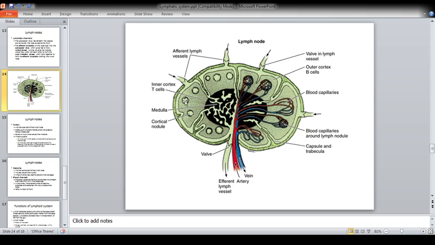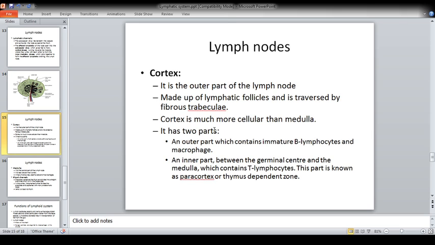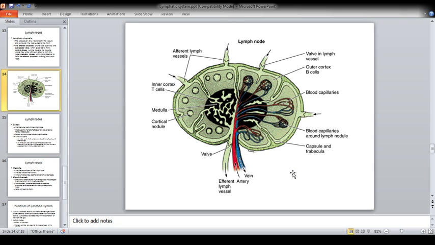Now these B lymphocytes, when they travel towards the inner part, become mature. Mature B lymphocytes would occur here. So in the inner part, between the germinal center and the medulla, this part would contain T lymphocytes. Immature B lymphocytes are present here in the outer part, and T lymphocytes are present here in the inner part.